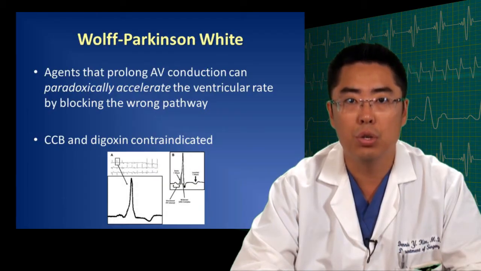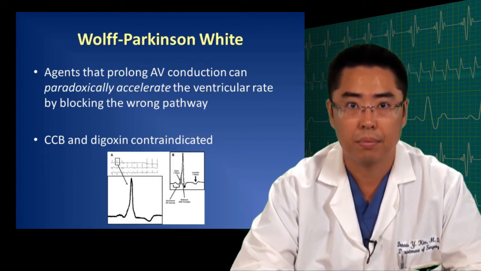These findings are usually the result of a prolongation of AV conduction as well as simultaneous stimulation of the ventricles through the normal conduction pathway as well as the accessory pathway.